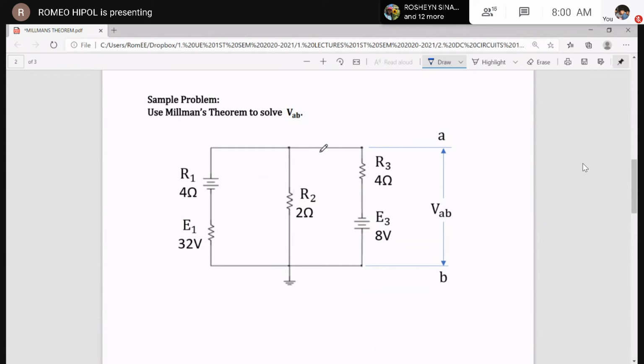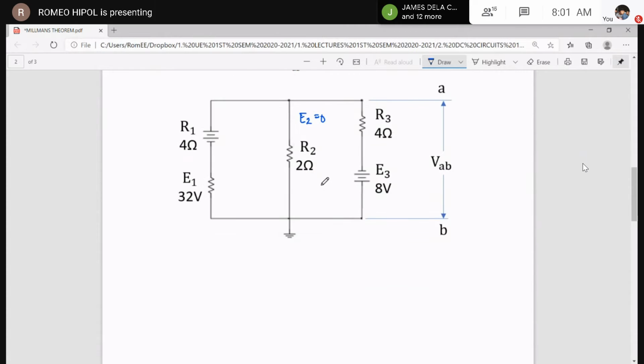Then, for the third branch, naka-indicate na yung sub 3. Meaning, for the first branch, we have the first resistor R sub 1 and the first branch supply source E sub 1. For the second, initially, we do not have E sub 2, meaning 0. Naintindihan? Then for the third branch, E sub 3 and R sub 3.